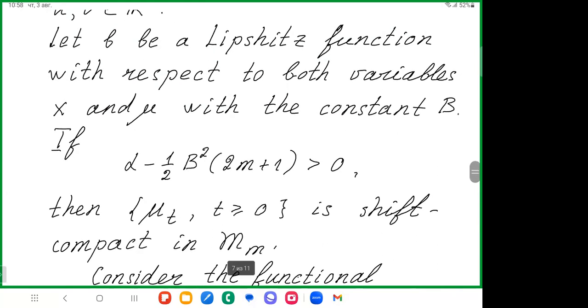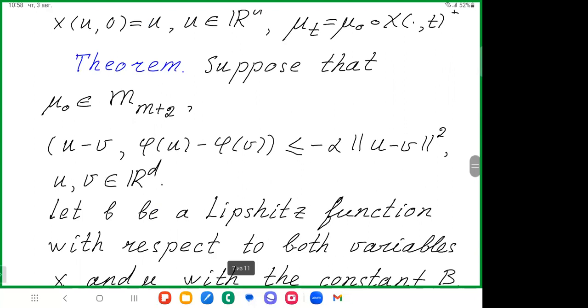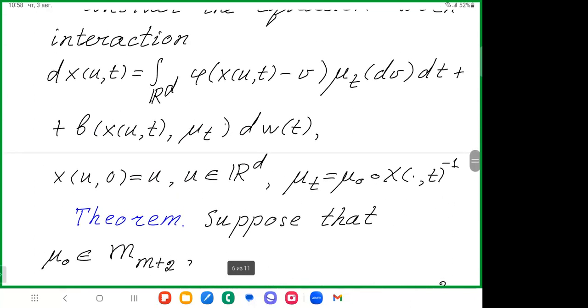So you can see that we guarantee the shift compactness via the conditions on the coefficients, and now the coefficients seem to be more natural for an equation with interaction, because we just have double interaction between particles. Of course, it must be noted that this theorem can be generalized as follows.